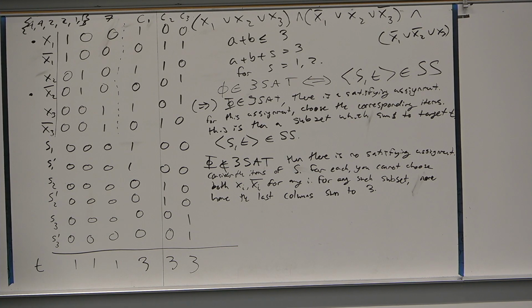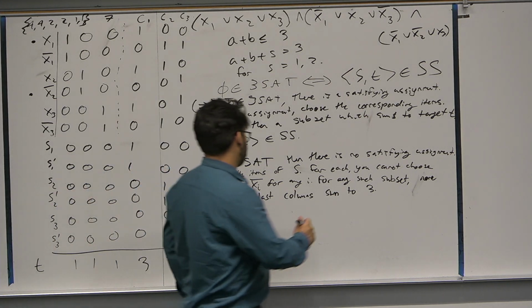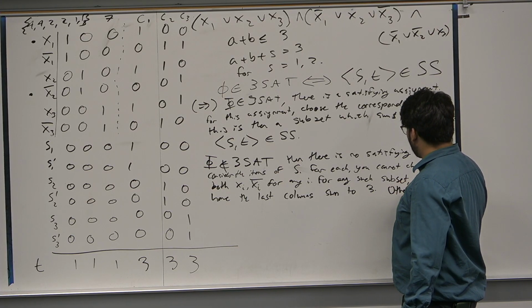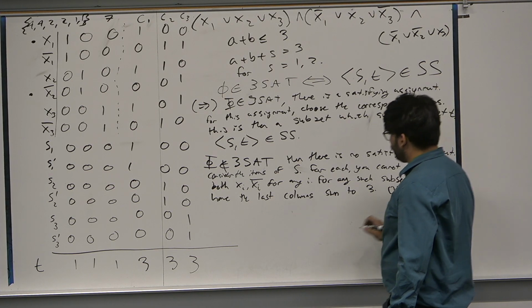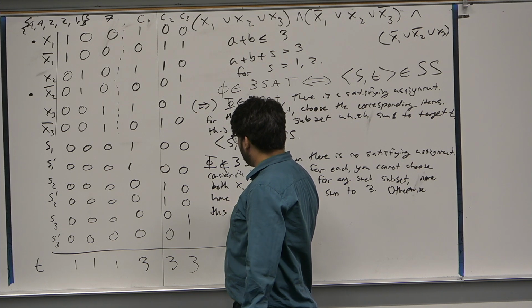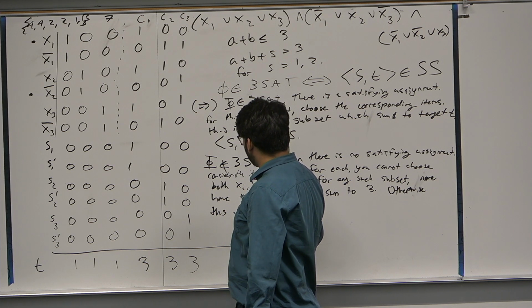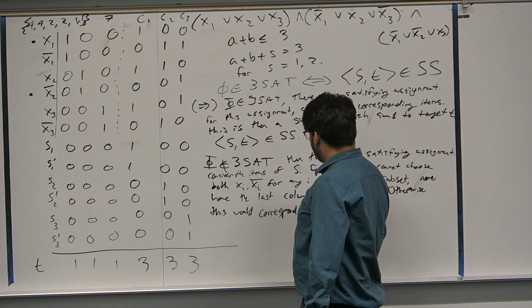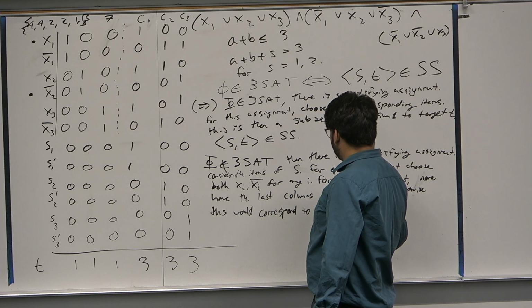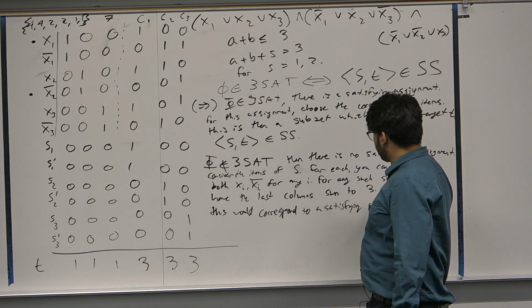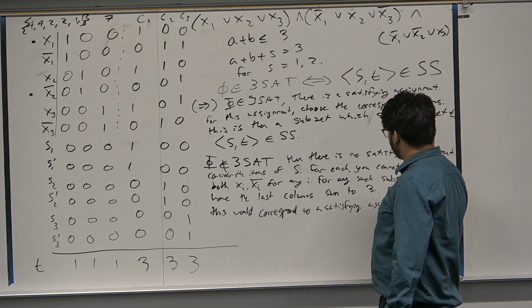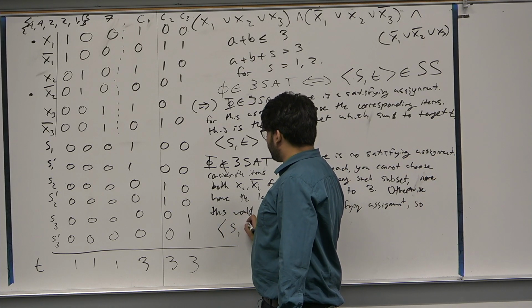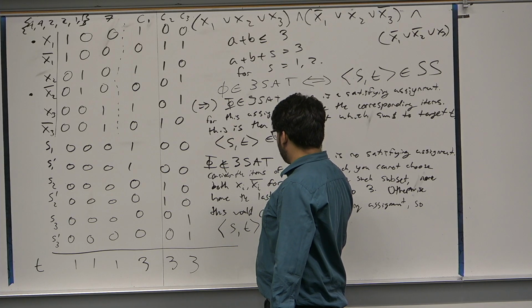Yeah. Because if it did all work out, then that would be a satisfying assignment. Exactly. Otherwise, this would correspond to a satisfying assignment. So, S comma T as constructed cannot be in subset sum.